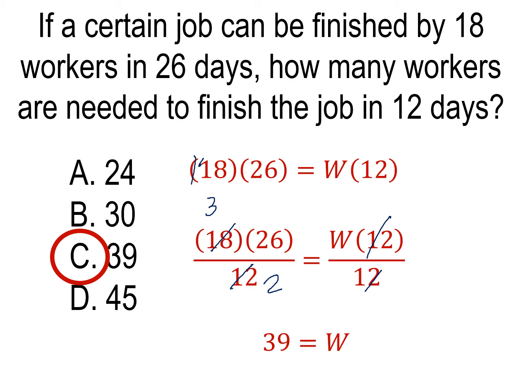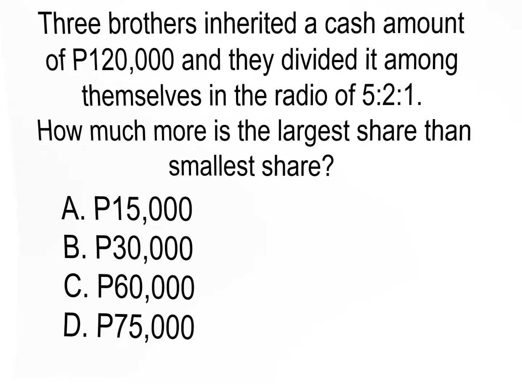Next, 26 is divisible by 2, so you have 13. Then you multiply 3 times 13, which will give you 39. This means that if 18 workers can finish the job in 26 days, you need to add workers to finish it in only 12 days.